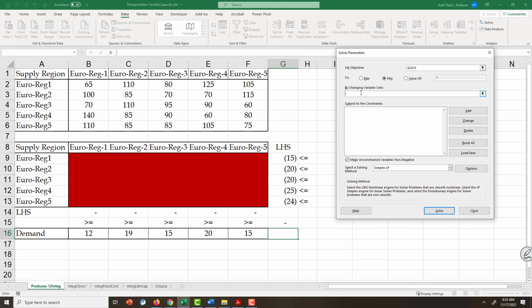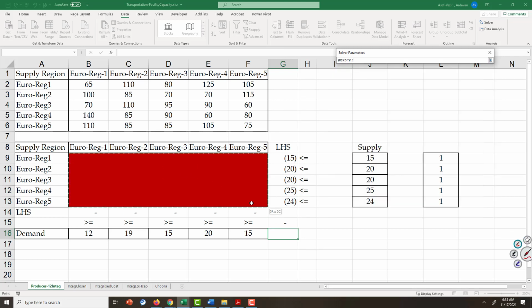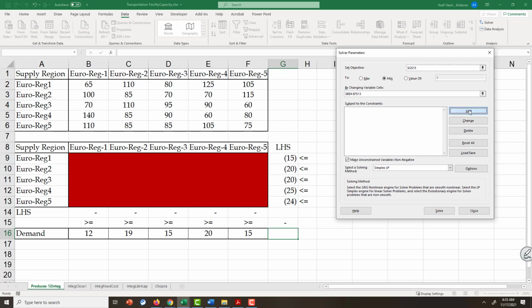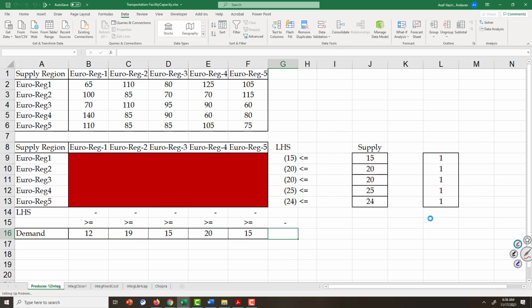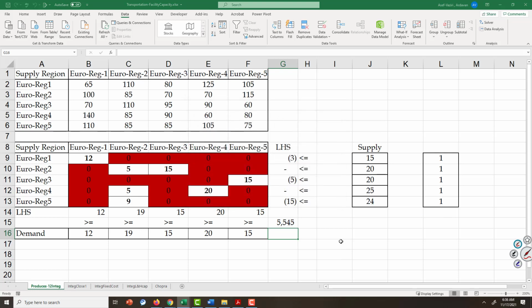Minimize this objective function value by changing these decision variables and by having these numbers less than or equal to 0, because I have brought everything to the left hand side, less than or equal to right hand side, and the right hand side is 0. And these values should be greater than or equal to these values. Okay, solve, and I get the optimal solution.